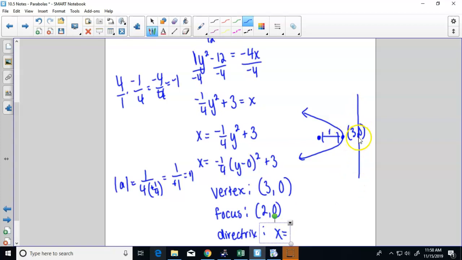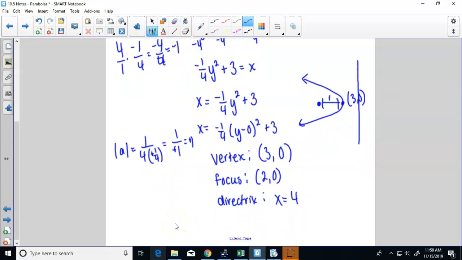And we would have to add 1 to our x-coordinate, so we'll get x equals 4 for our directrix. And then the last part would be that axis of symmetry. It is a horizontal line, so that's y equals a number. And it's going to equal the y coordinate, so it's 0.